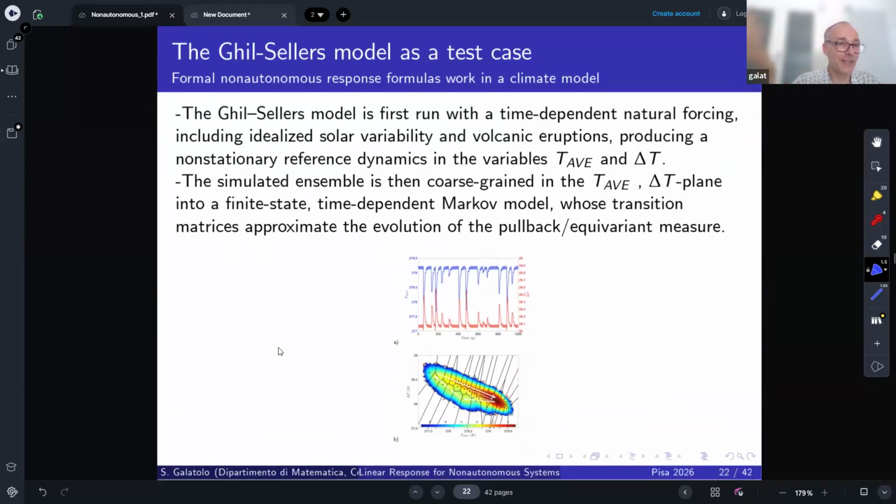This I did not explain because I was going fast, but it's interesting what he did. He only considered two observables: the average temperature on the planet. So this is not the average in time, this is the average on the planet. And delta T is like the difference between the average and the extreme, something like this. So he takes only two observables.